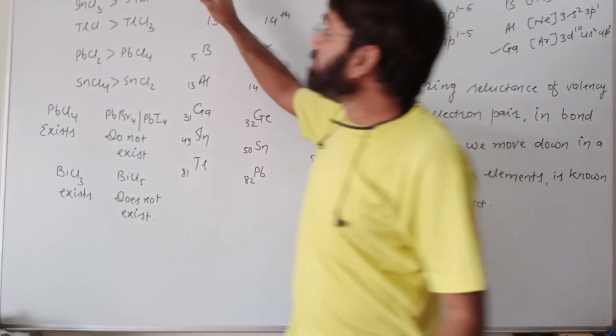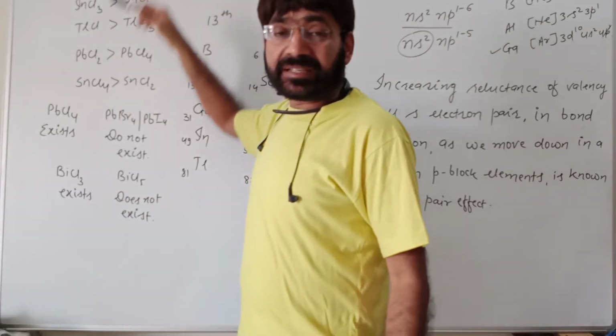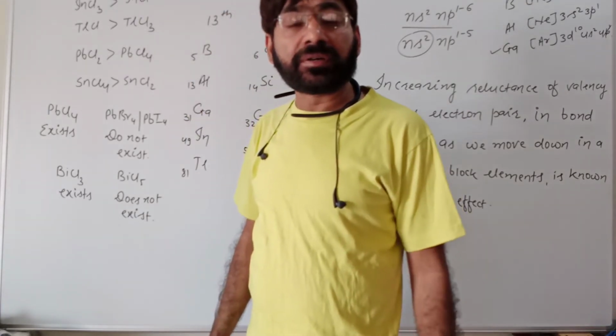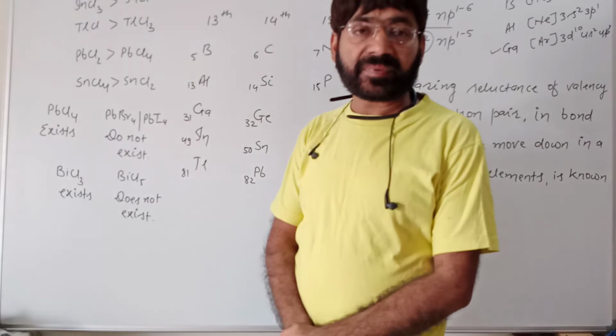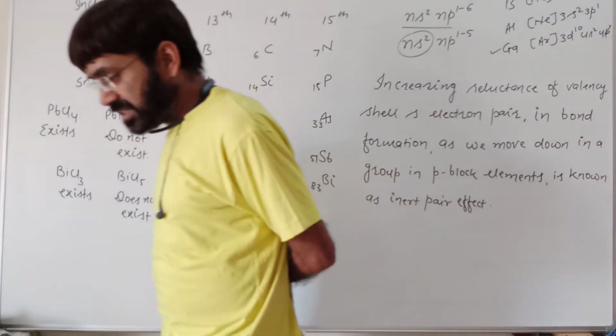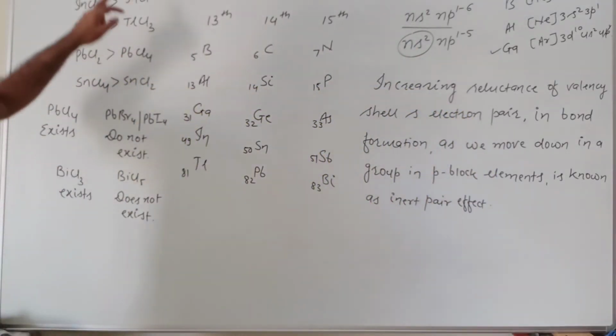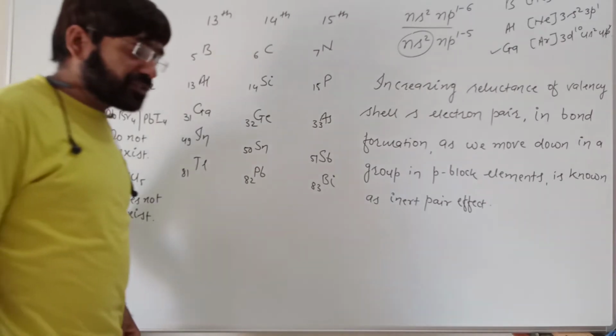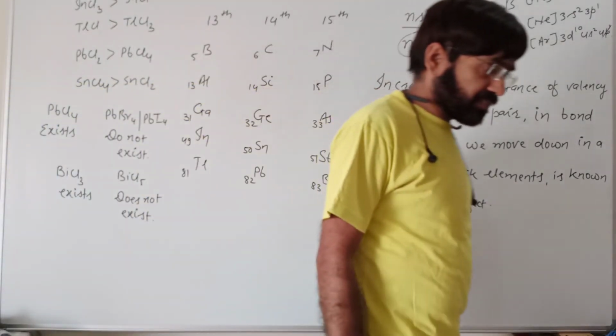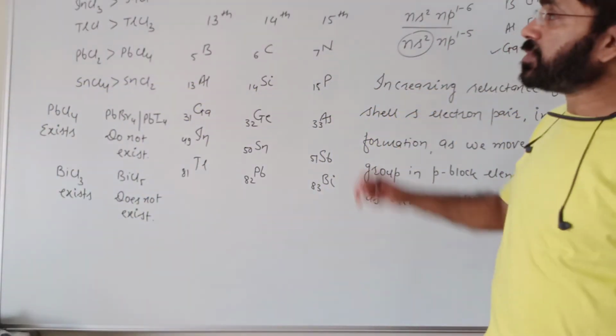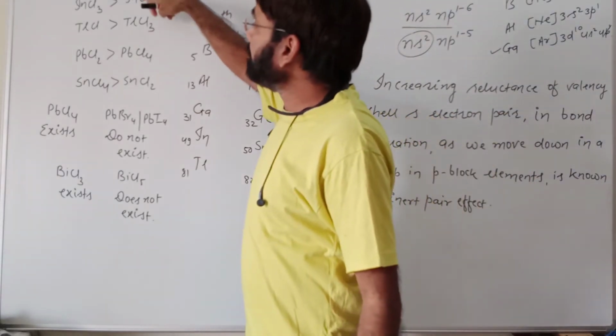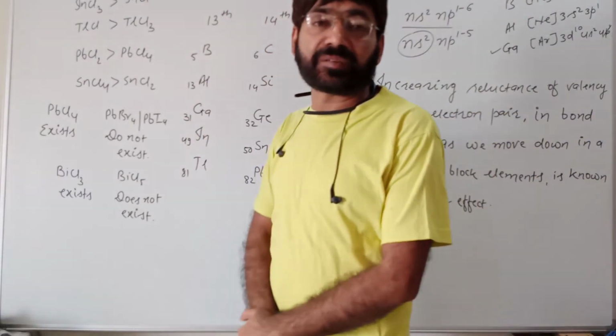And if these themselves are getting oxidized, that means they can function as reducing agents. So the reasoning question which can be asked is why GaCl or InCl function as reducing agents. Now we can explain it very easily, because for gallium and indium, +3 oxidation states are more stable.